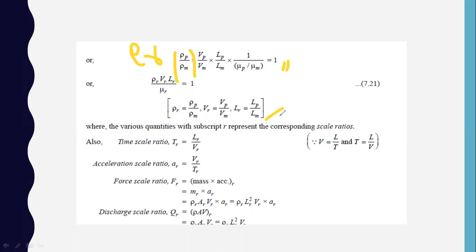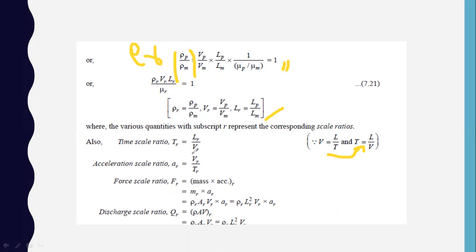So this is for the Reynolds model. Also for the time scale ratio, T_R will be equal to L_R divided by V_R, because velocity is equal to length divided by time, so we will change it like this.